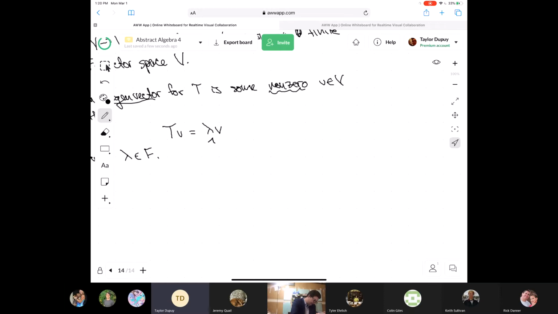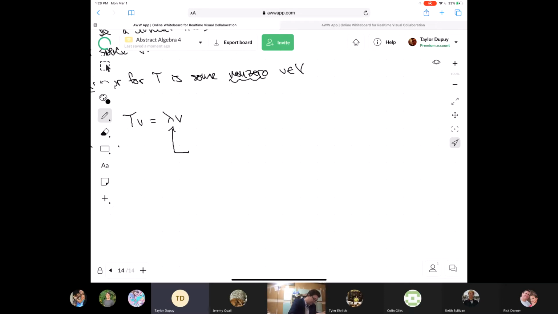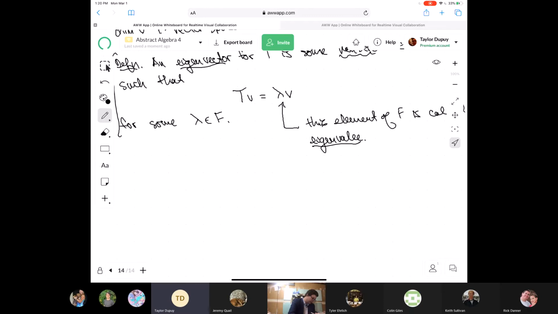This scalar, this element of F, is called the eigenvalue.